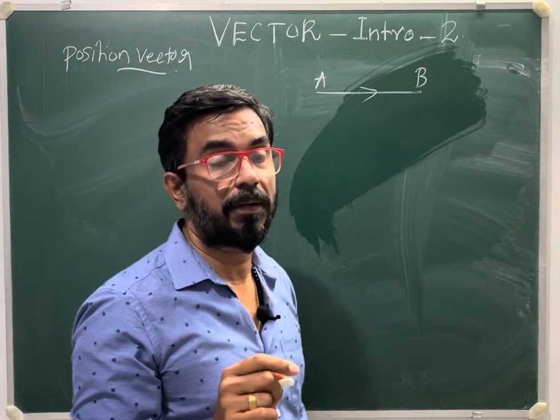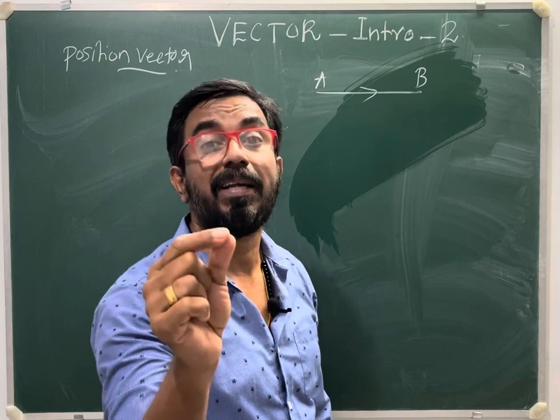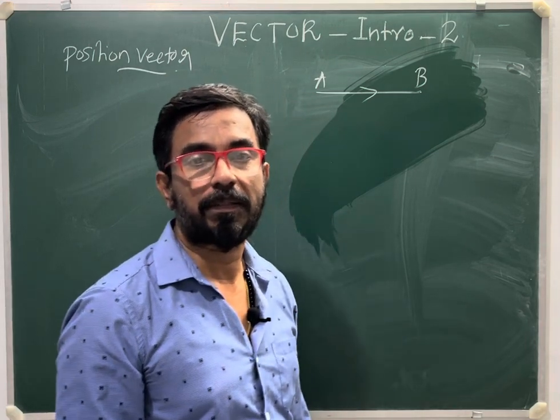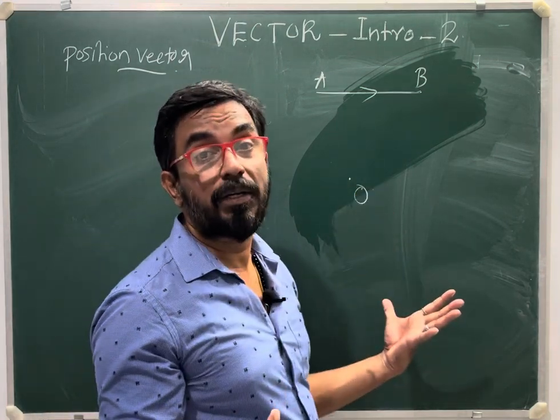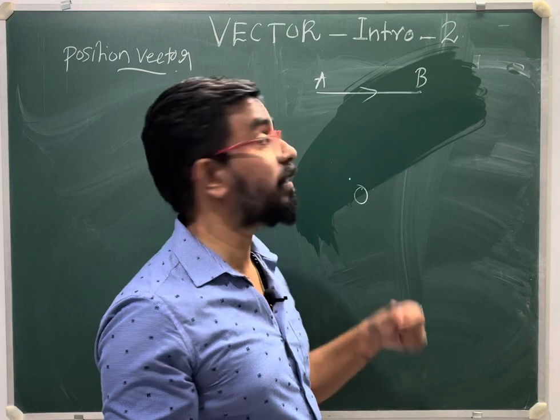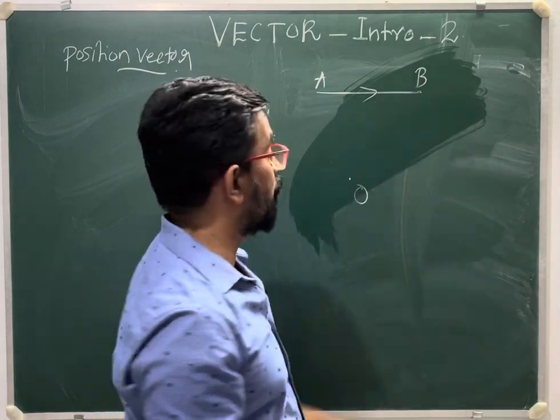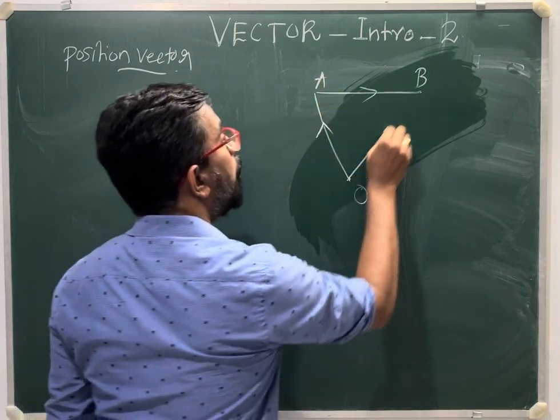AB is a vector. I'm going to recognize this vector with the help of position vectors. Suppose O is the origin. I simply want to draw the position vectors of the starting and ending points, the initial and terminal points. That is nothing but OA and OB.